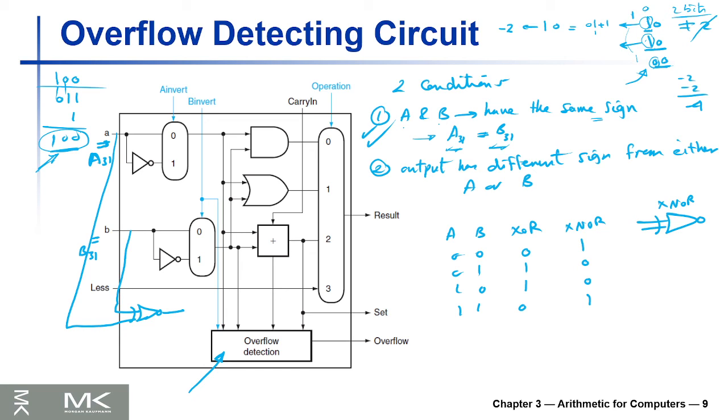The second condition: the output has a different sign from either A or B, because basically A and B should have the same sign. So we need an XOR, and we need either A or B. Let's use, for example, A. You can use B, it's okay. And here is the output, the result.